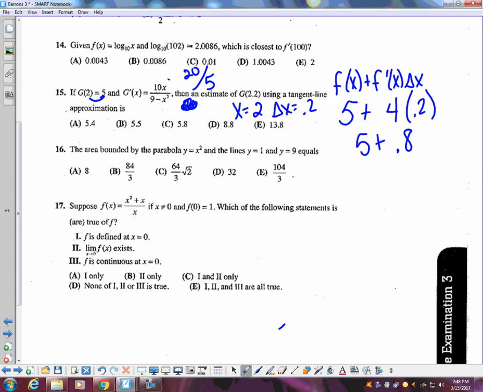Another decimal in one place. So 5 plus 0.8 is? All right, is that it for approximation? Yeah. Okay.